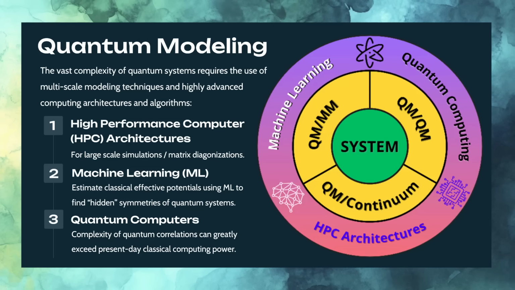So sometimes we can predict the parameters in our semi-classical theory from first principles, but other times we don't know what they are, or they're too complex to calculate. And so machine learning methods have been used to find hidden symmetries of quantum mechanical problems in the hope of parameterizing effective classical potentials to treat otherwise quantum mechanical systems.